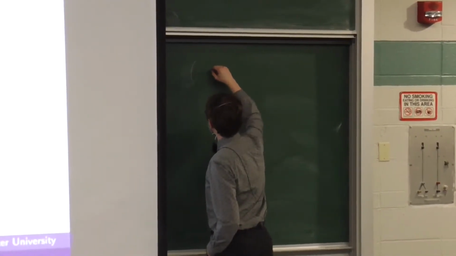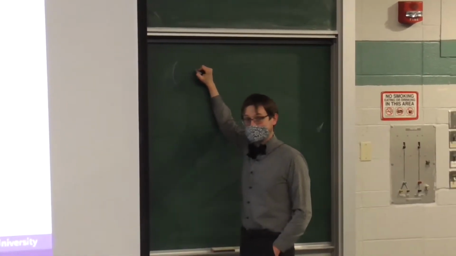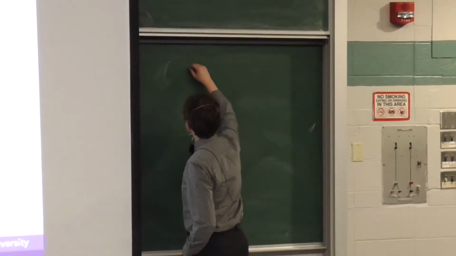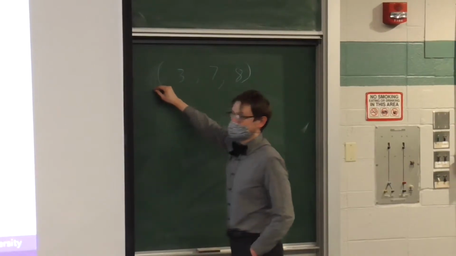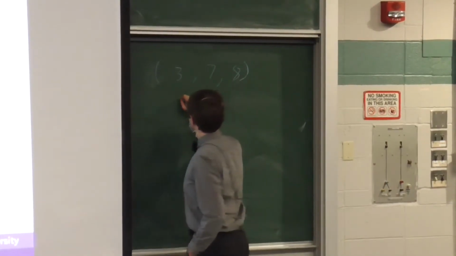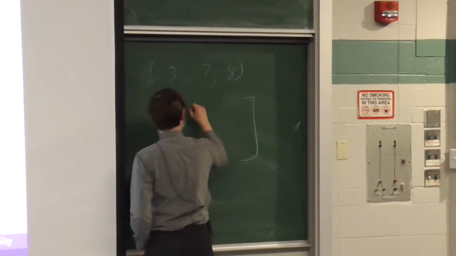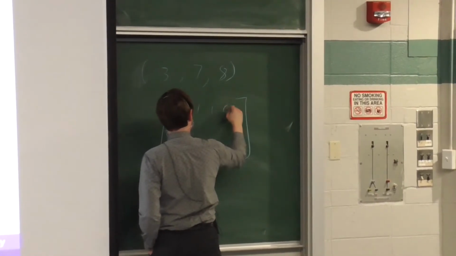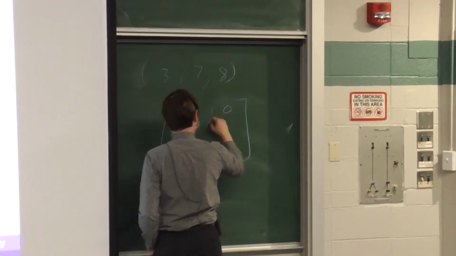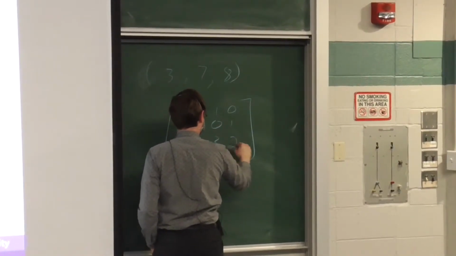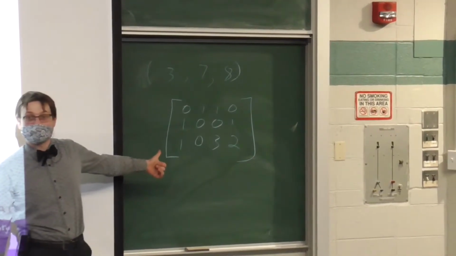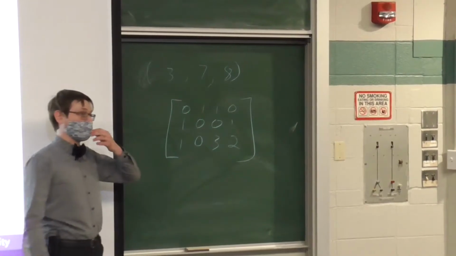Okay. So a vector, if you had x, y, z coordinates, right? It's 3, 7, 8. This is a vector, right? A matrix is like 0, 1, 1, 0, 1, 0, 0, 1, 1, 0, 3, 2. That's a matrix, right?